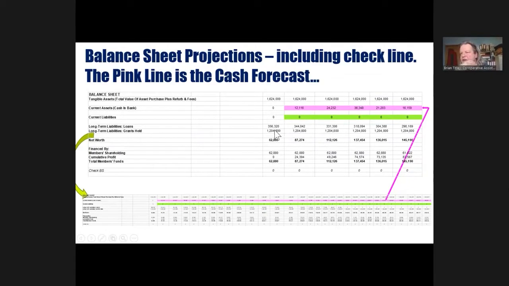So the 1.2 million of grants at the beginning is not decreasing at all in there. And that just matches the asset value. As long as this asset value stays at that level, the grants will stay at that level. If we start depreciating them, the grants will proportionally go down as well.